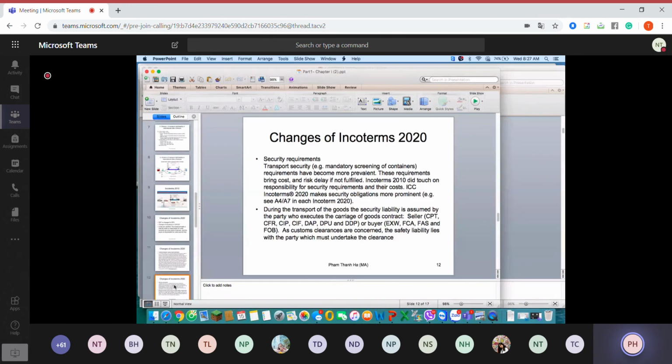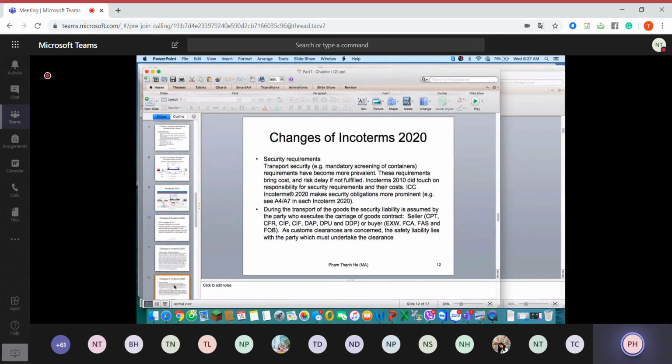And the other thing is about the security requirements during the transportation process. Transport security requirements are usually applied to goods, especially if our goods are carried in containers. For example, for any container, we need to do screening procedures.